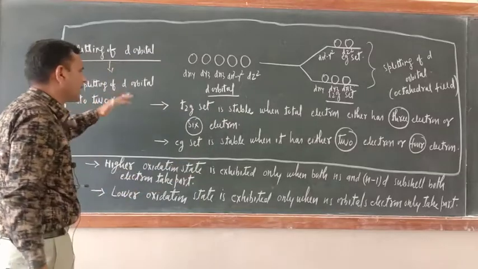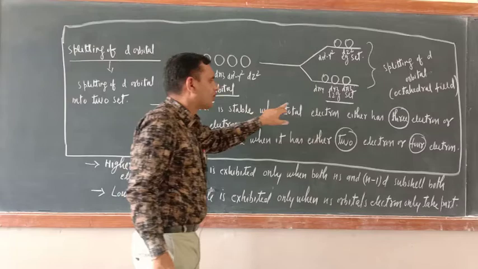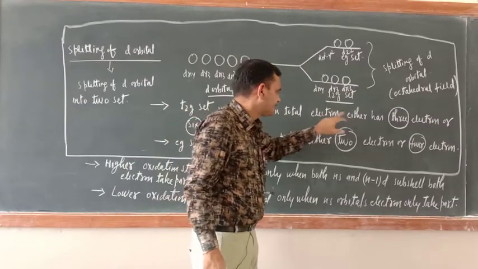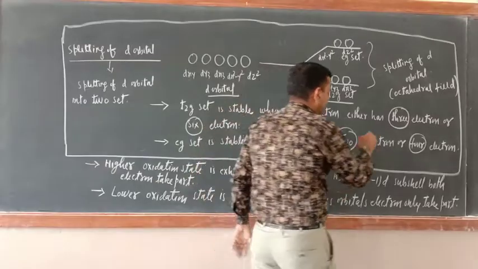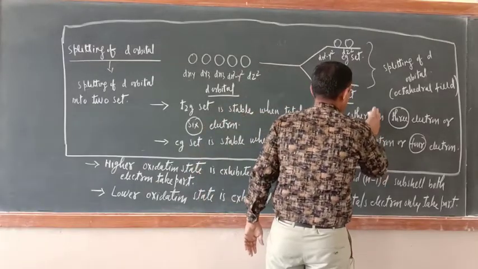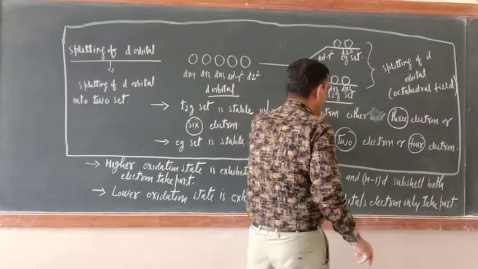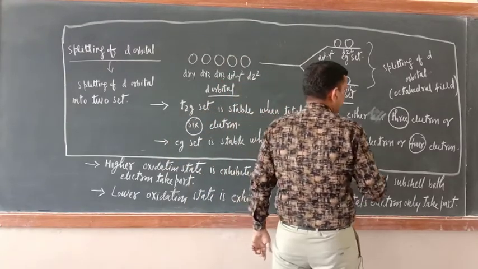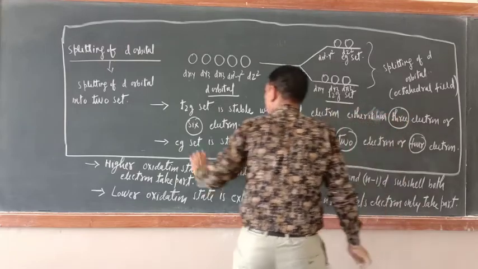Now the most important information. The T2G set is stable when the total electrons are either 3 or 6.